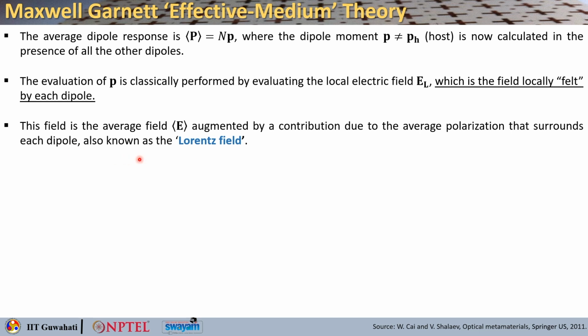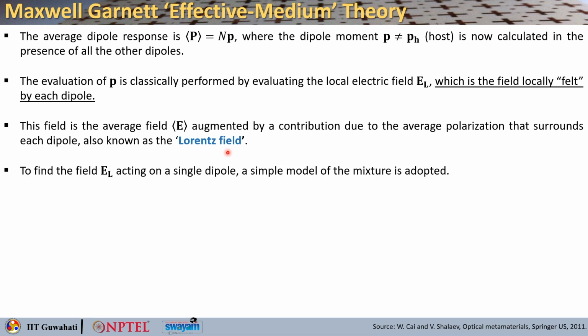So, this field is basically the average field, this average E, augmented by a contribution due to the average polarization that surrounds each dipole, and that is also known as the Lorentz field.